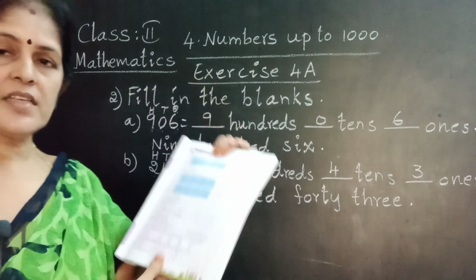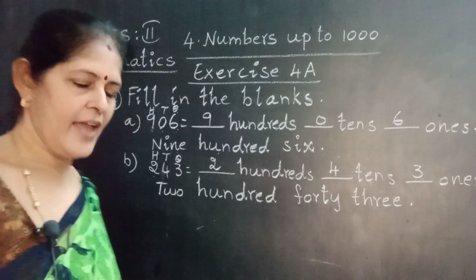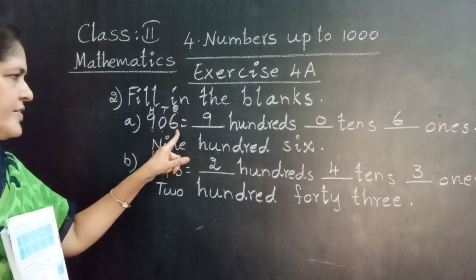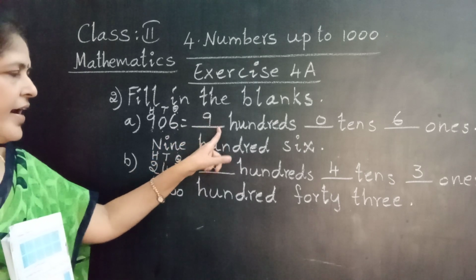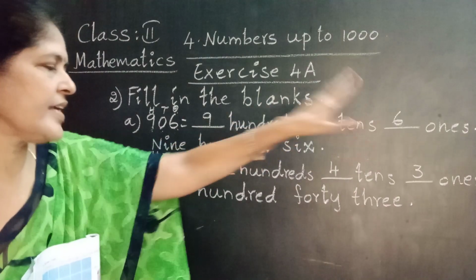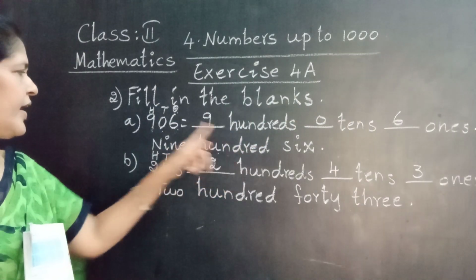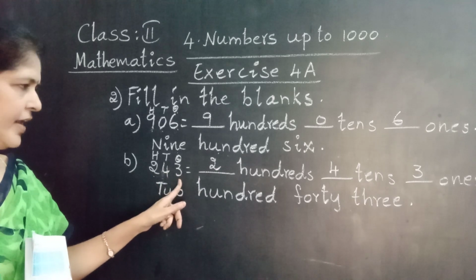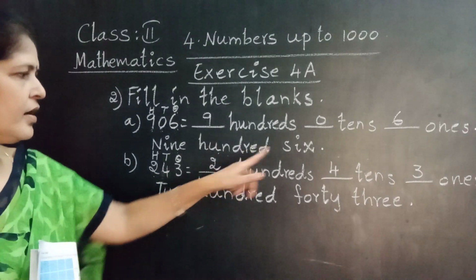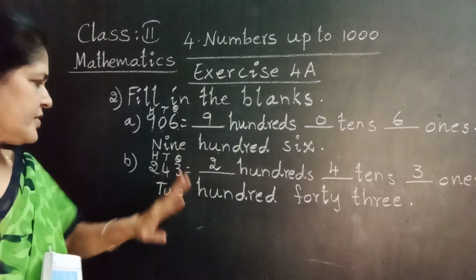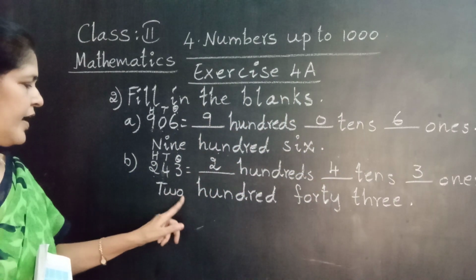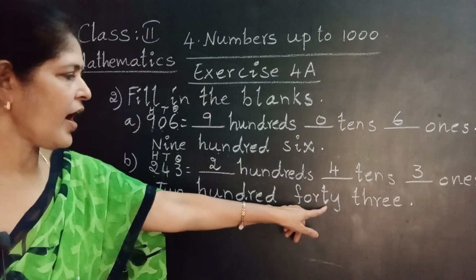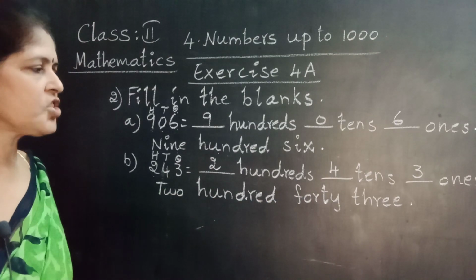In that space, write neatly, my dear children. First number is 906. It has 9 hundreds, 0 tens and 6 ones. Next one is 243. It has 2 hundreds, 4 tens and 3 ones. The number name is TWO HUNDRED FORTY THREE.